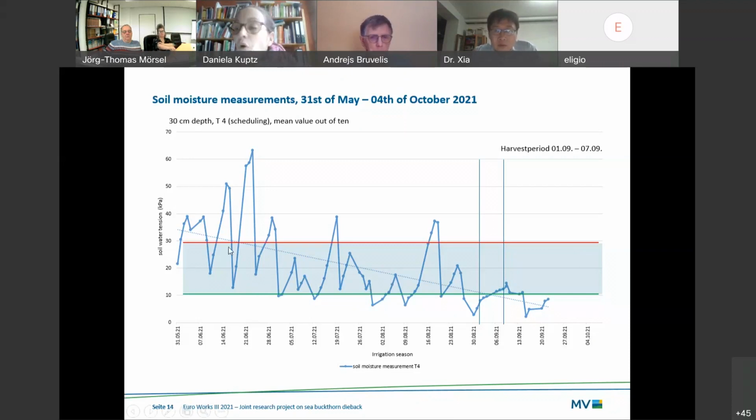So we put some more tensiometers in the soil, and after that we could get a continuous moisture between 10 and 30 kilopascal, which was very helpful. And this was the aim of our treatment. So until the harvest at the beginning of September, we got a very constant moisture in the soil.